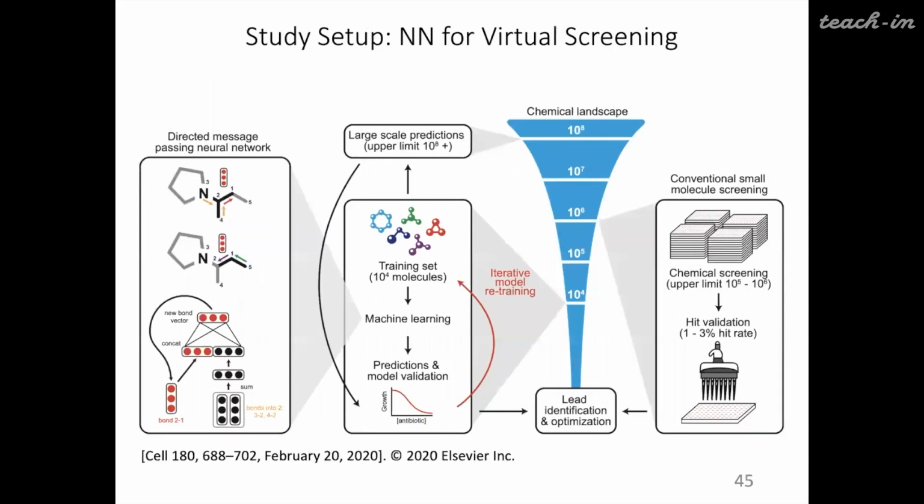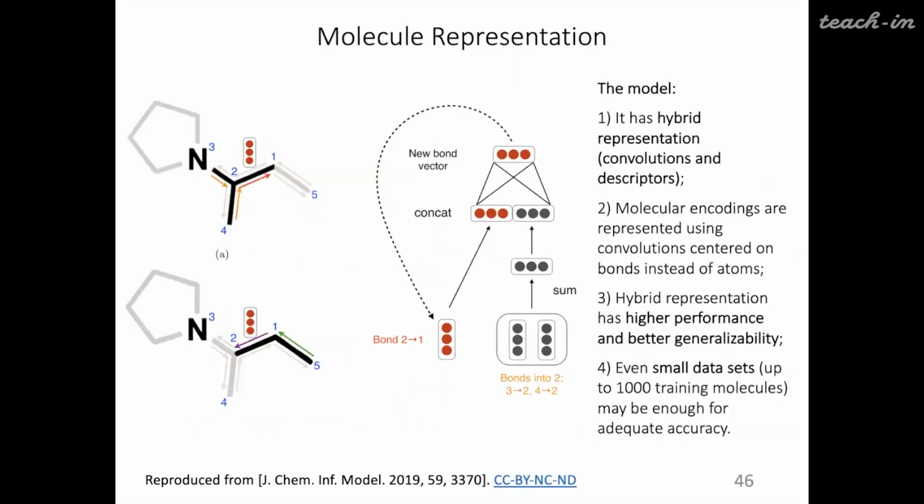So the authors used a neural network to pre-select a set of molecules from a chemical library, and the predictions of the model were experimentally evaluated, and the authors came up with the proposal of halicin.